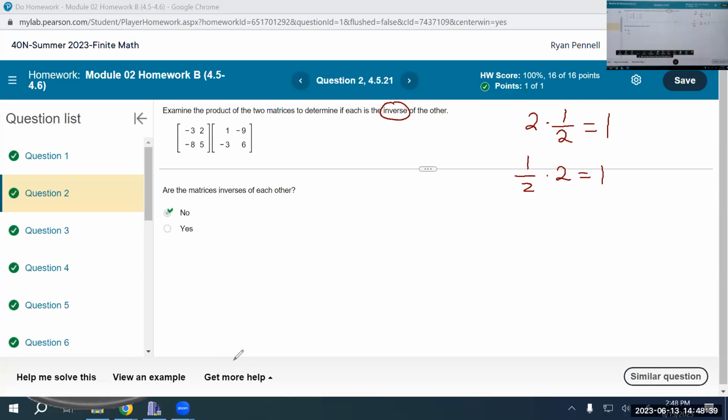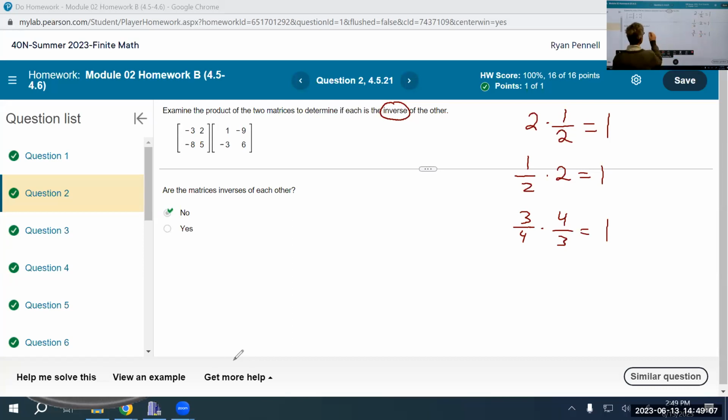So in matrix algebra, I need a matrix times another matrix that would equal the identity matrix. That's the idea. And if you want to see other fractions, you could say 3/4 times 4/3. They're inverses of each other, but they equal 1. But we want the matrix version of that.